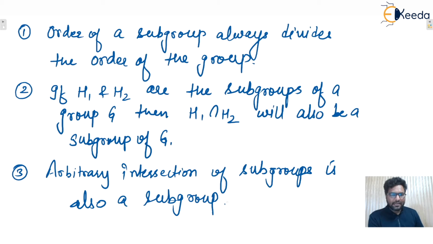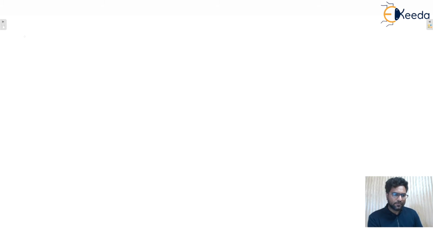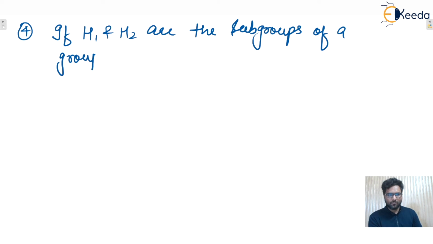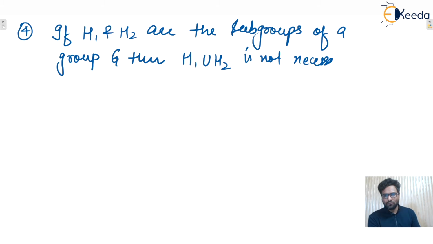isn't it? Next one, the fourth one, we can say that if H1 and H2 are subgroups of a group G, then H1 union H2 is not necessarily a subgroup.